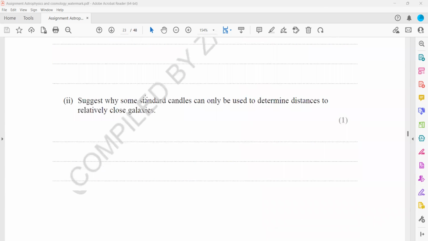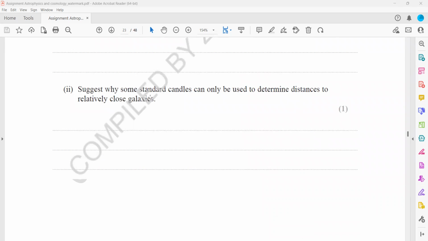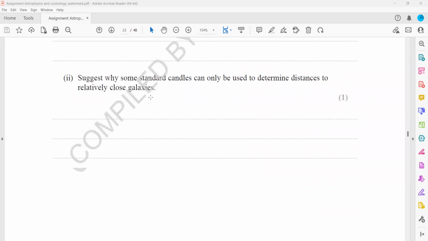In the next part, suggest why some standard candles can only be used to determine distance to relatively close galaxies. The idea is that when galaxies are too far from us, it will be difficult to measure the flux. The flux or intensity will be too small.